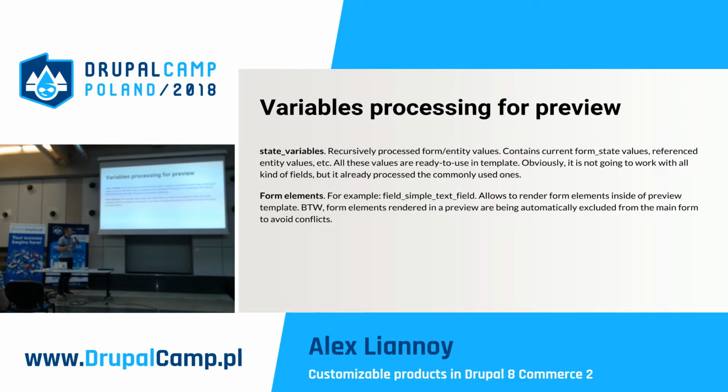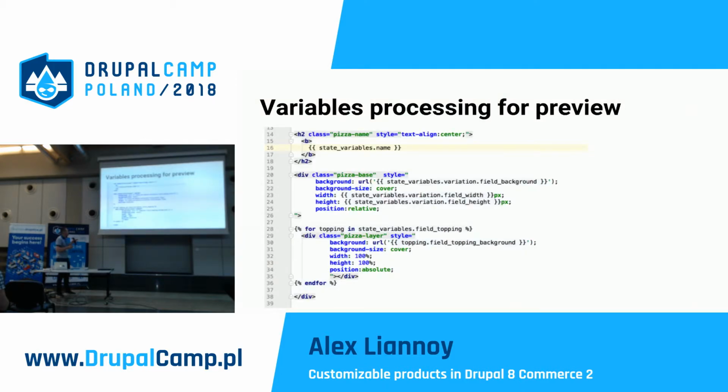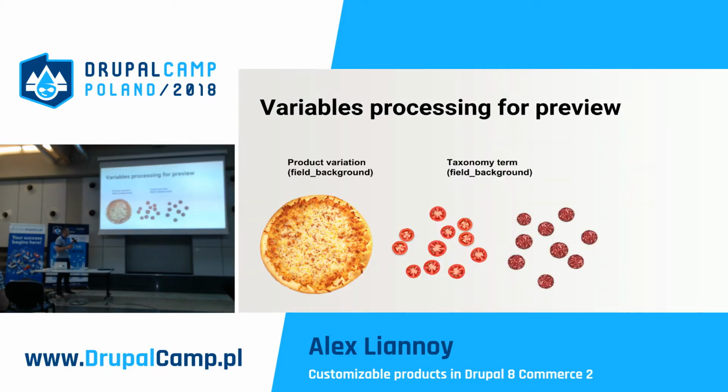Also, this variables processing has processing for the form component. So in the preview you finally can use the forms themselves. Just an example of a template, I will come back to it later. So I just want to come up with the preview.